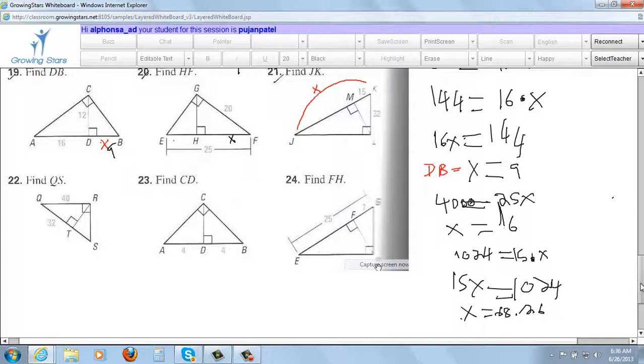JK is 83? How is it 83? I thought it was 68. Look, it's not JM, it's the whole thing. 32 squared is MK times JK, which equals 68.